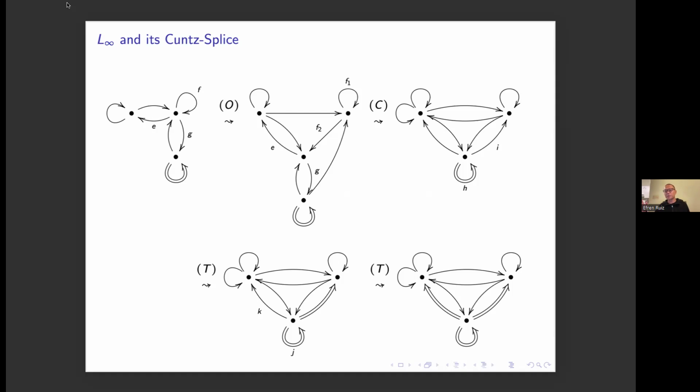Yeah, I'm asking for any graph, because if the answer to this is no, then to give a negative answer to the KP question is to say that there exists a graph E such that the Leavitt path algebras of E and of E minus are not isomorphic.